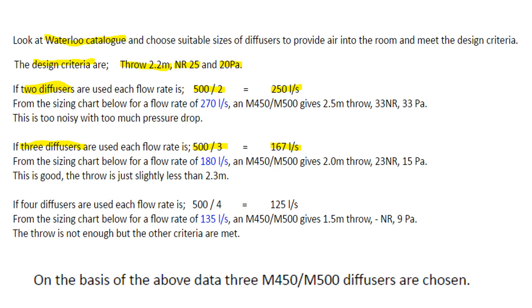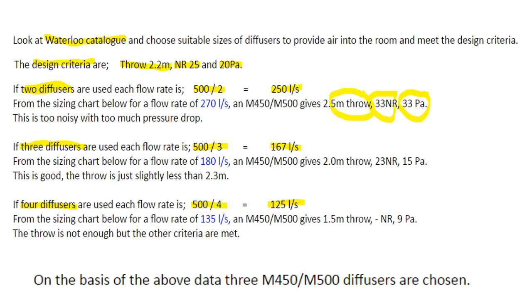And if you have 4 diffusers, now you will have to divide the 500 liters per second by 4, and you will have 125 liters per second. And for each type of diffuser, you can see the suitable model by looking at its throw, its noise control level, and also the pressure drop.